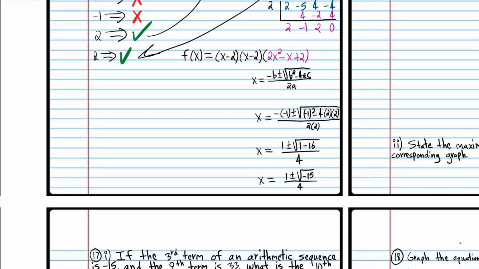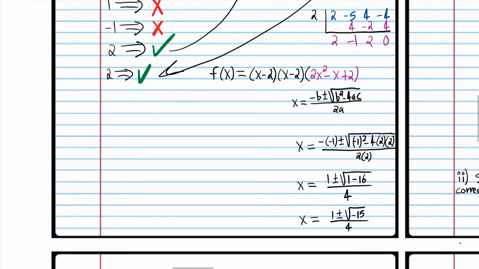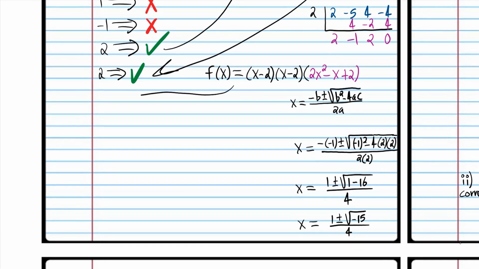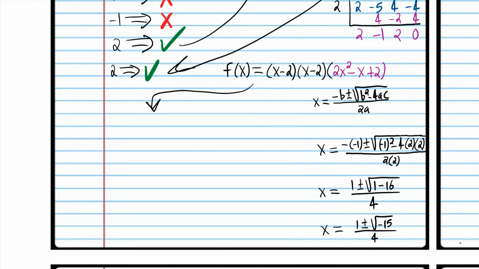So what does this tell us? It tells us we can't factor this expression. We can't factor it very easily, that is. So I'm going to write the function so we can see what's going on here.